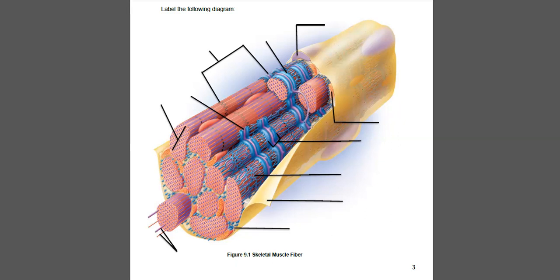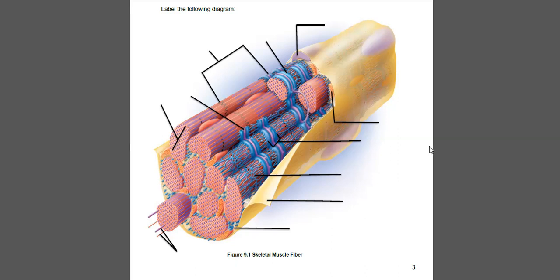Inside of that is the cytoplasm. But because it's a muscle cell, it's called the sarcoplasm rather than cytoplasm. This is a cell, and so it has to have a nucleus. It's a skeletal muscle cell, and so there are multiple nuclei. So here is one nucleus, but all of these purple things are nuclei.